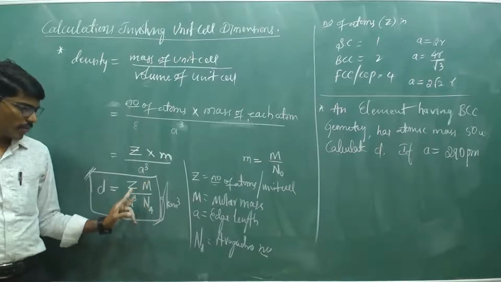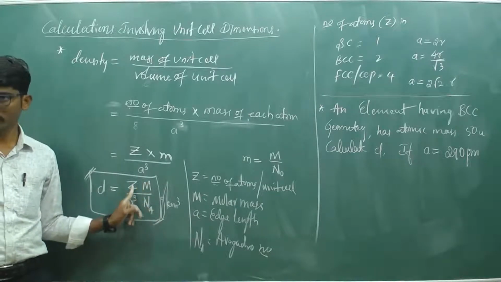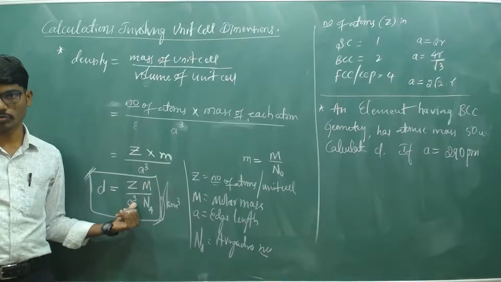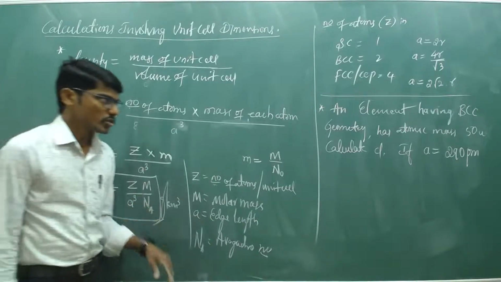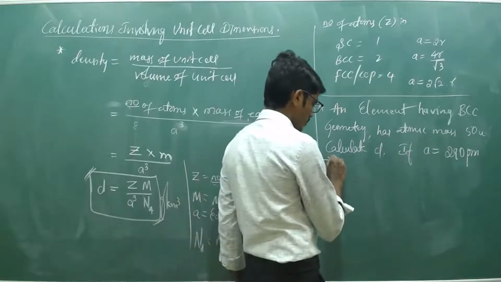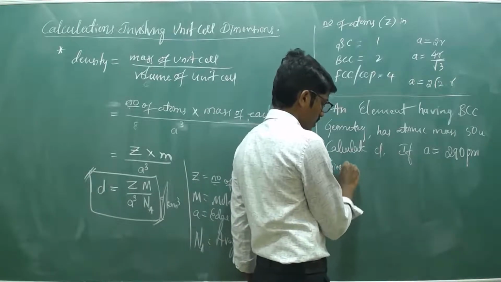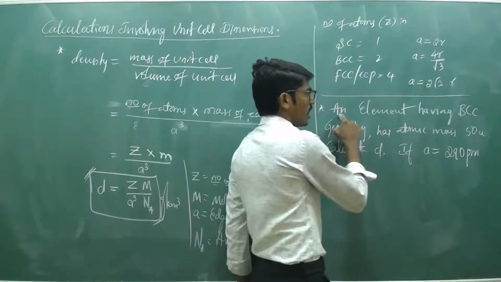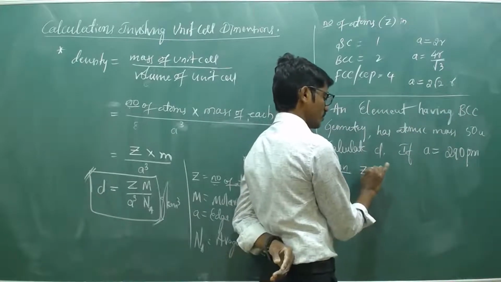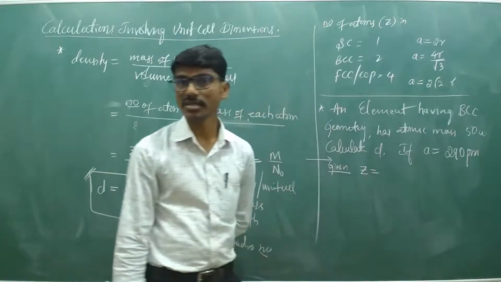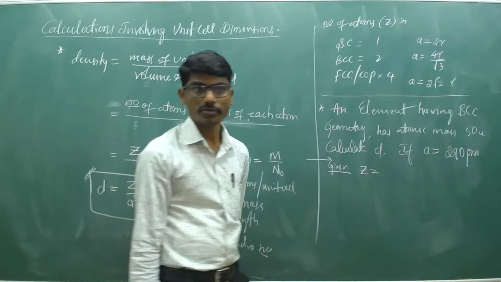So here I want three terms Z, M and a, because N A is constant, Avogadro's number is constant. An element having BCC geometry means Z is given, the number of atoms.